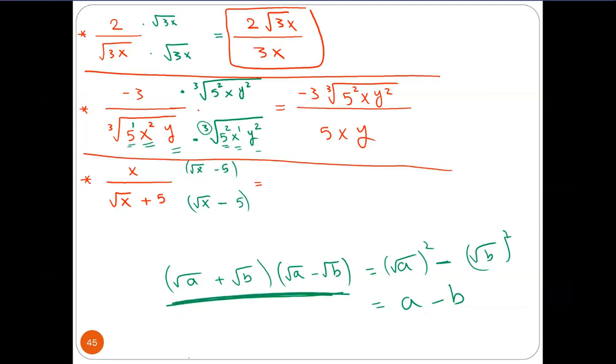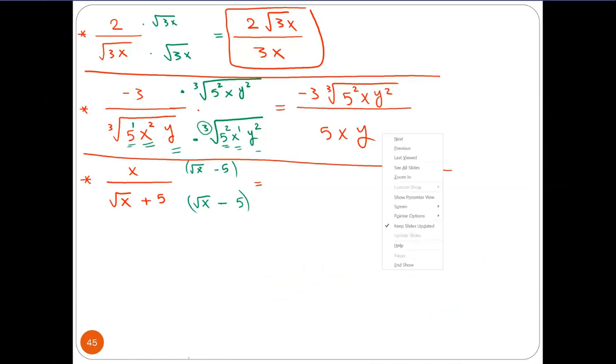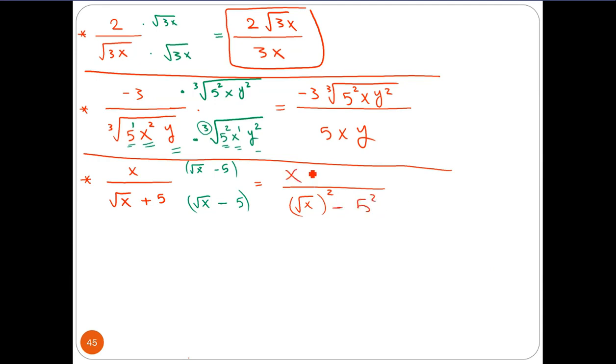In this case we can convert to different square, equal A minus B directly inside the radical. أي بمعنى تربيع الأول ناقص تربيع الثاني. فهنا النتيجة راح تكون the radical x square minus 5 square and x multiplied by radical x minus 5.